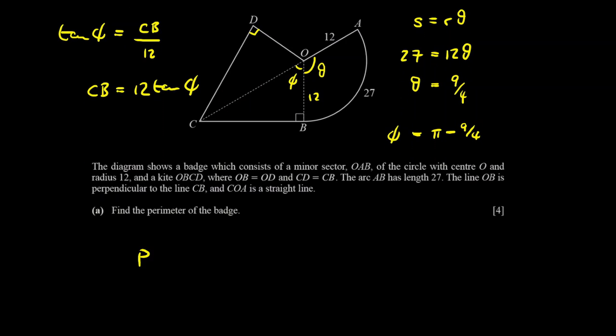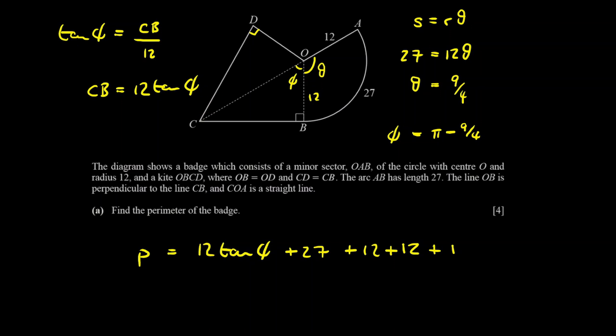The perimeter, P, is going to be equal to the length CB, so that's 12 tan phi, so this length here, plus the arc length, which is 27, so plus 27, plus this length here, 12, plus that length there, 12, so plus 12 plus 12, and then plus another length like this, which is the same as 12 tan phi.